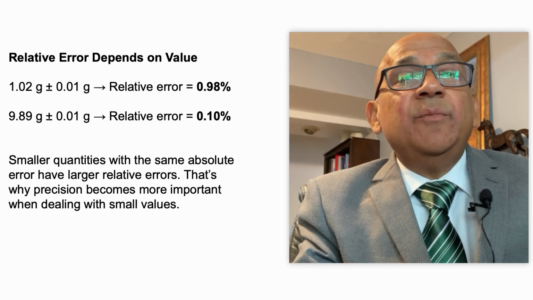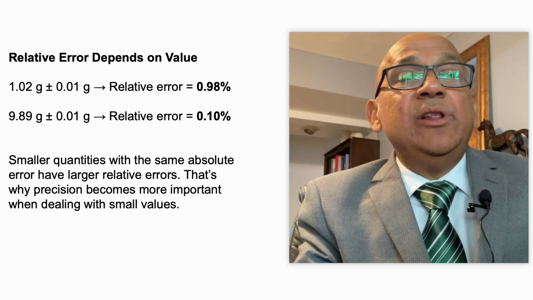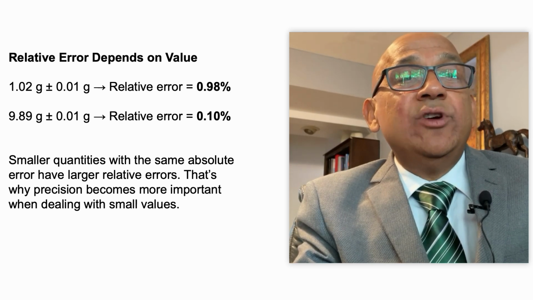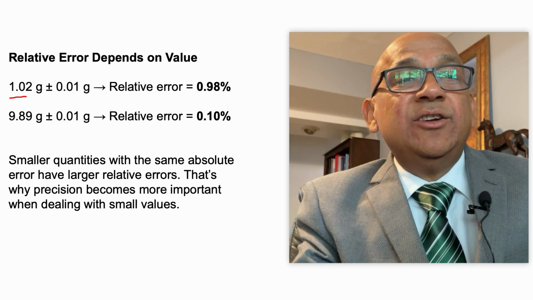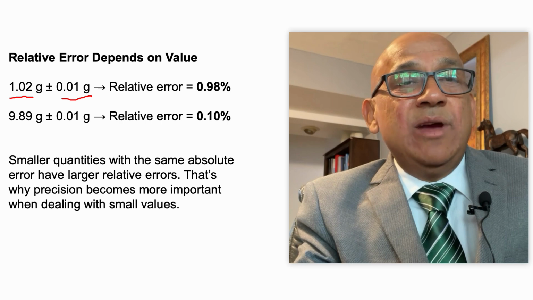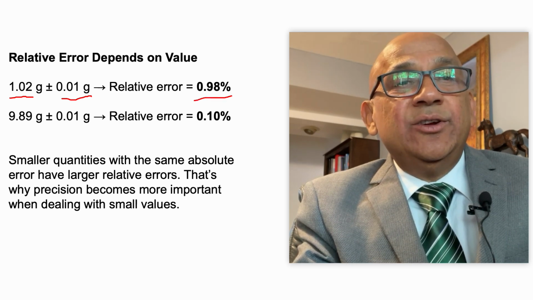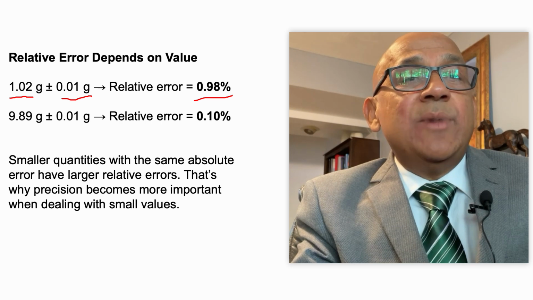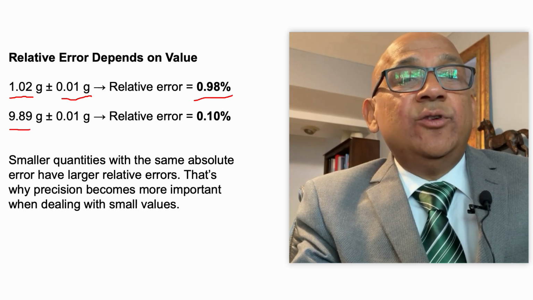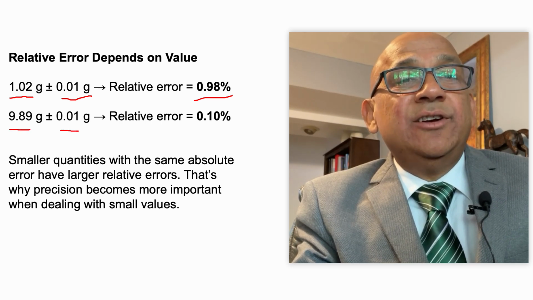Relative error depends on the value. For example, suppose you have a 1.02 gram weight measurement and the absolute error was 0.01 gram. Relative error will be 0.98%. On the other hand, suppose your mass was bigger, then for the same absolute error, your relative error is less.